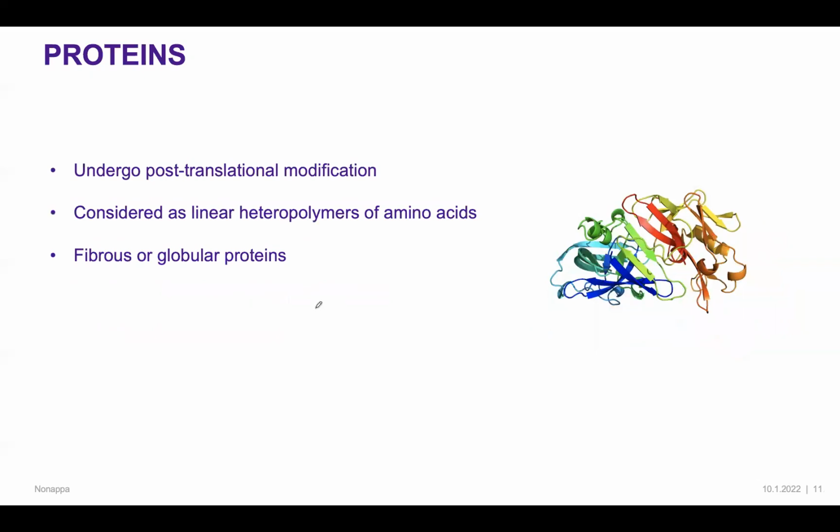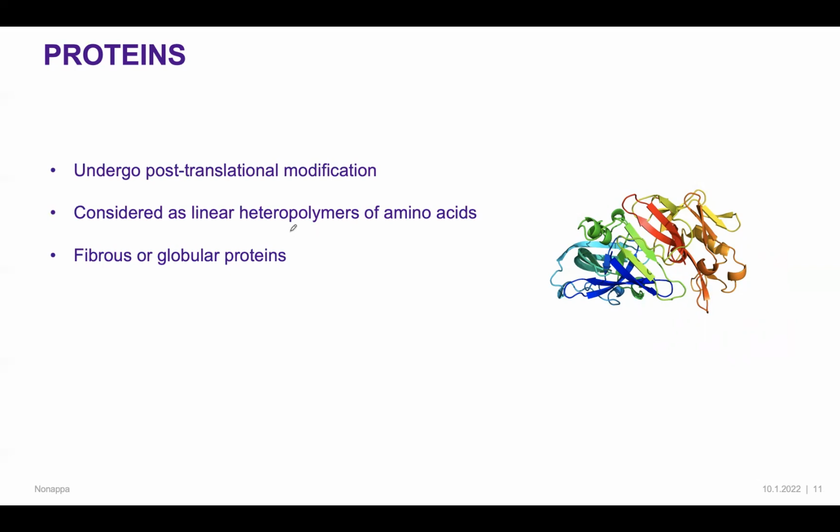The majority of the proteins also undergo post-translational modification. That means once they're biosynthesized using the translation process, they can undergo some kind of substitution or derivatization, such as glycosylation. We can consider them as a polymer because they have multiple amino acid residues covalently linked to each other.